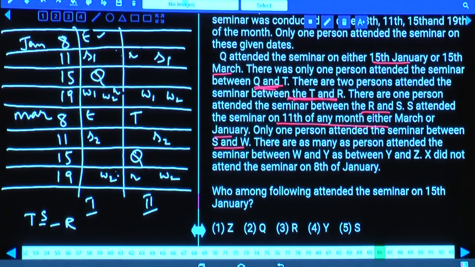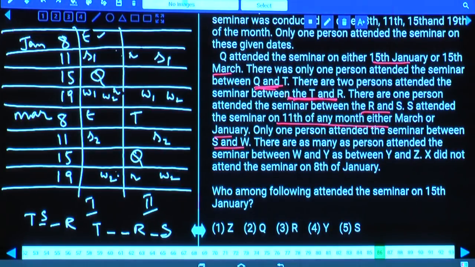T S blank R. And what is the other possibility here? If T is here, two persons between T and R, and one person between R and S, this is another possibility: T S blank R or T blank blank R blank S.